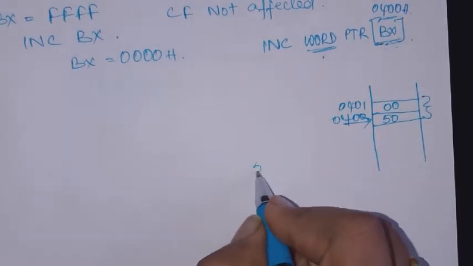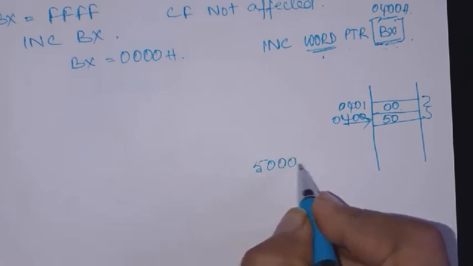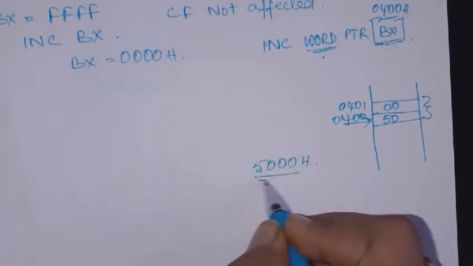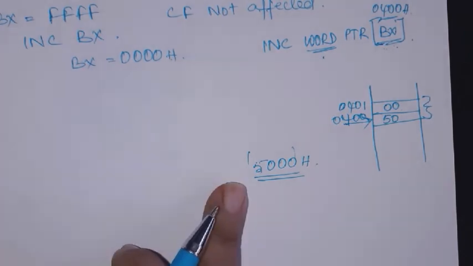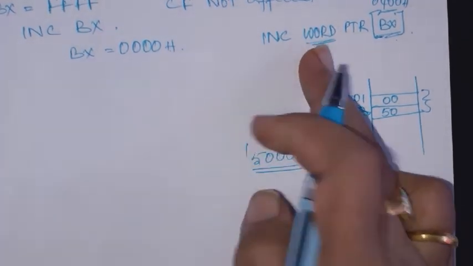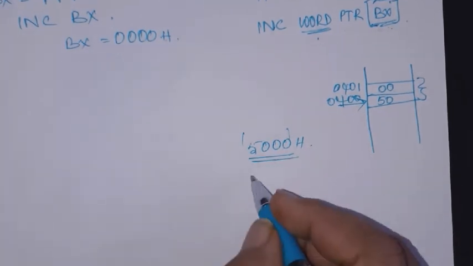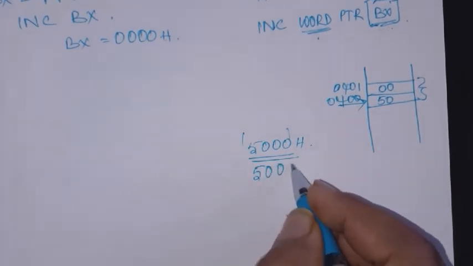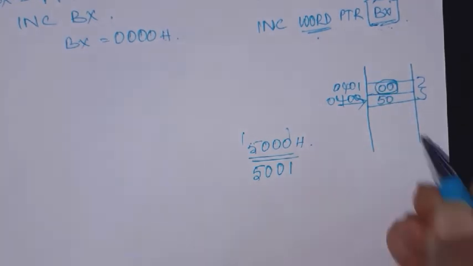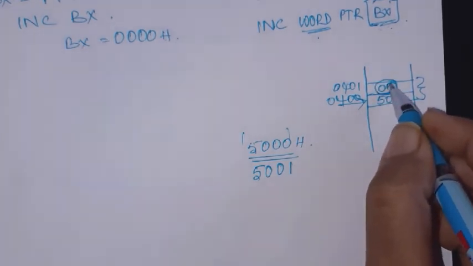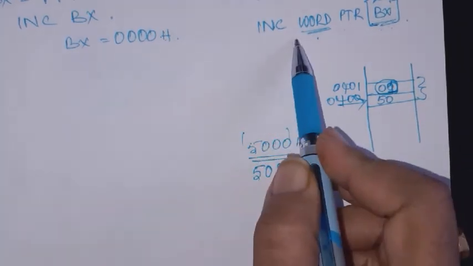It is actually 5000H, because it is a word pointer. This is the word it is pointing to. After this instruction, it becomes 5001. That means this particular memory contents will change to 01 after the execution of this instruction.